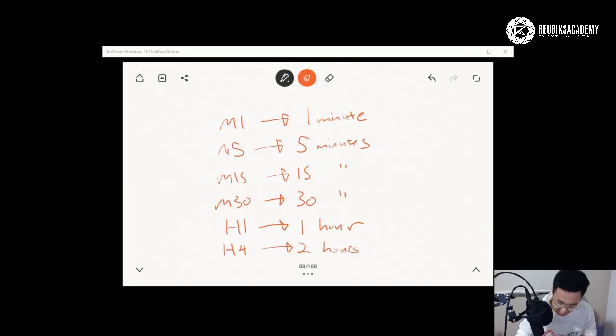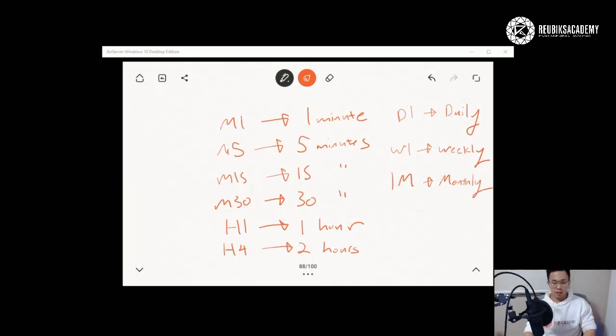Then usually after H4 you have D1, which is daily. So each candlestick lasts for a day before that current candlestick closes and the next candlestick opens. Then you have weekly, and then you have 1M, not to be confused with M1. 1M is monthly, so each candlestick lasts for a month.